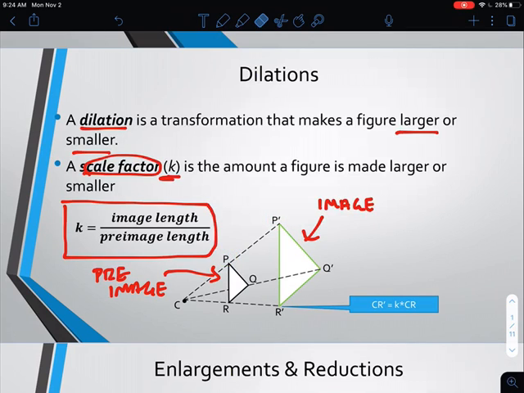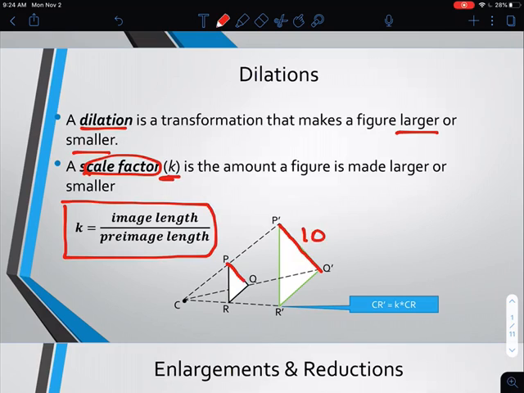Now, as far as calculating, we just said we take any image length and put it on the top, and any pre-image length and put it on the bottom. That can come in many different forms. Maybe they tell us that the length from P prime to Q prime is 10.